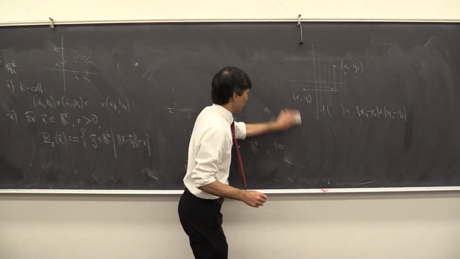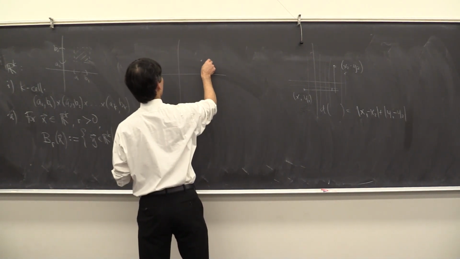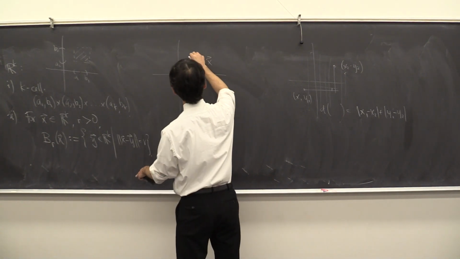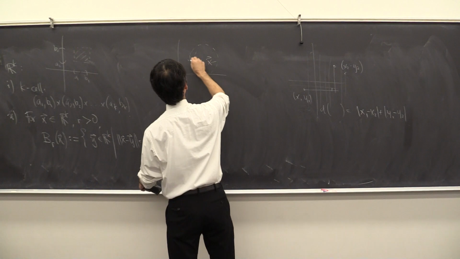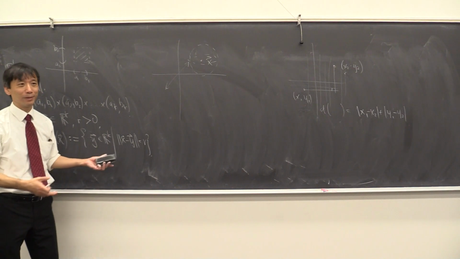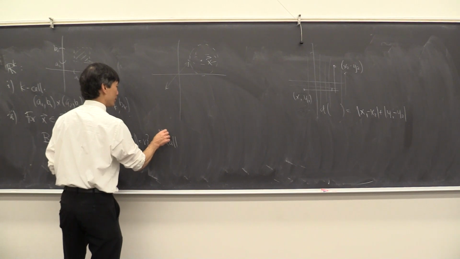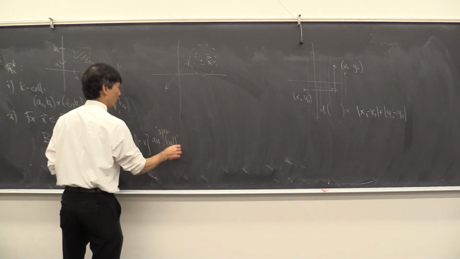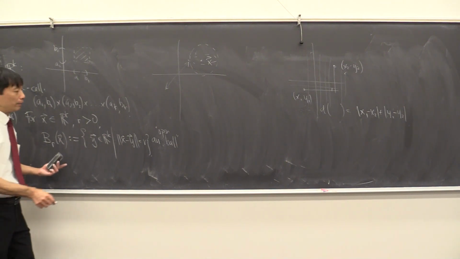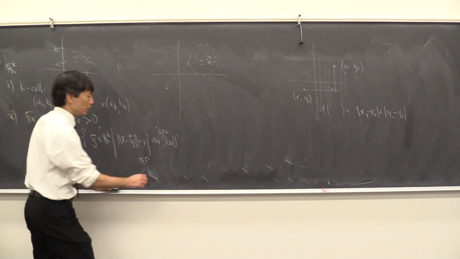You have some point x in R^k, and then you look at everything whose distance is smaller than r. It's just a sphere. So this is what we call an open ball centered at x with radius r. And if I include the boundary, then it's a closed ball.